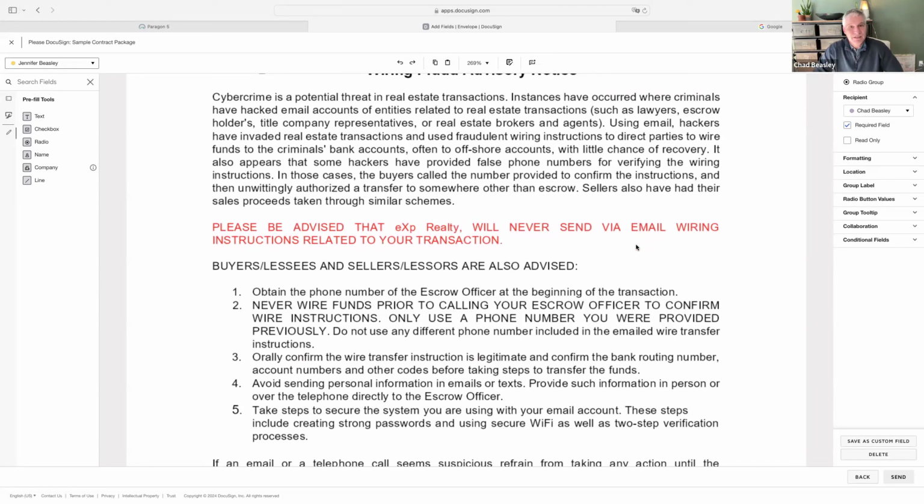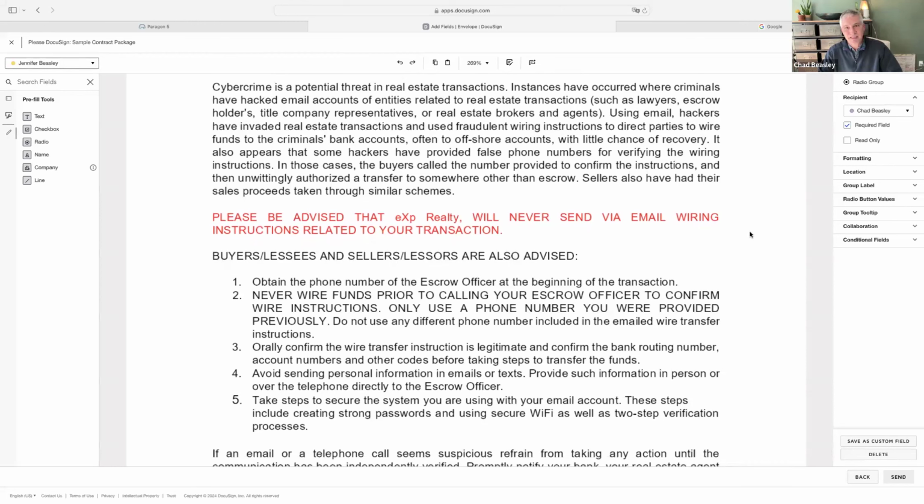There have been a lot of instances of fraud, of emails getting hacked, to where maybe a buyer gets an email from what looks like your closing attorney, saying, hey, we've changed our bank this week. We need you to wire your funds for closing to this bank account information. And then it turns out to be fraudulent, and the money disappears and it's gone forever.